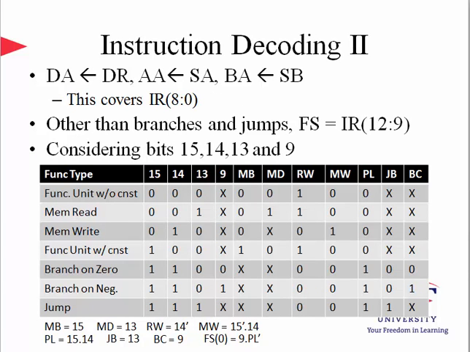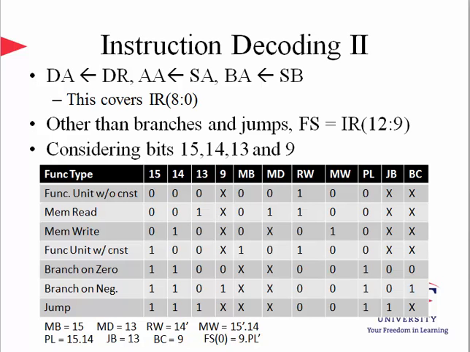If you look carefully, we can tabulate the necessary control signals based on the function type and the bit indexes. As you can see in the top row, bits 15, 14, 13, and 9, and also some of the associated control signals.